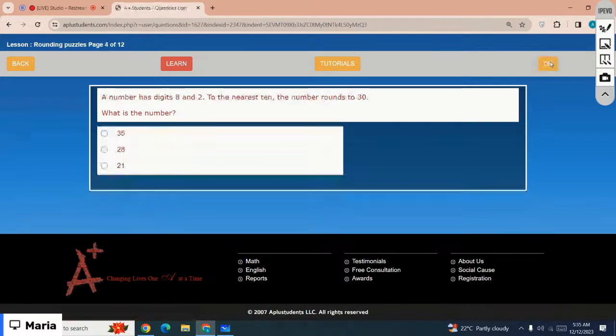A number has digits 8 and 2. To the nearest 10, the number rounds to 30. Which number is it?